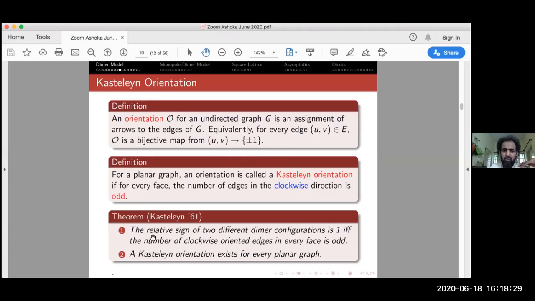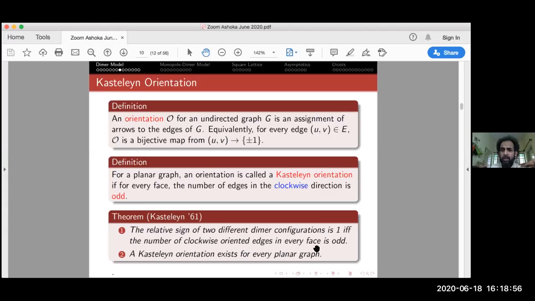And what Kasteleyn proved is that if you have this Kasteleyn orientation, then the relative sign of two different dimer configurations is 1. So that will guarantee that each dimer configuration comes with the same sign, which is what you want. And he also proved that a Kasteleyn orientation exists for every planar graph.